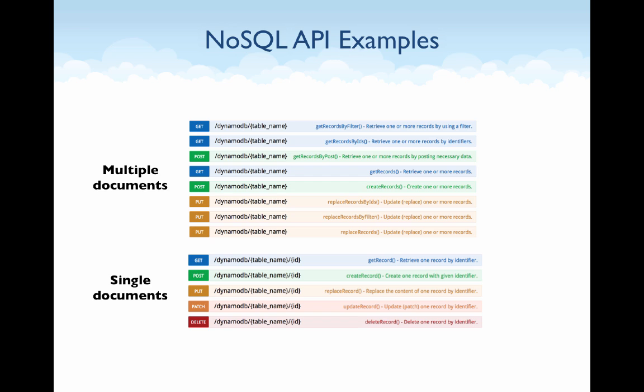NoSQL, interestingly, is really just a subset of SQL. So you have multiple documents and single documents. And here we're looking at Amazon's DynamoDB, but it could be MongoDB or CouchDB or Cassandra or some other NoSQL store where your data resides. And here you're passing in a table name, or in NoSQL parlance that would be a collection name, also parameterized.